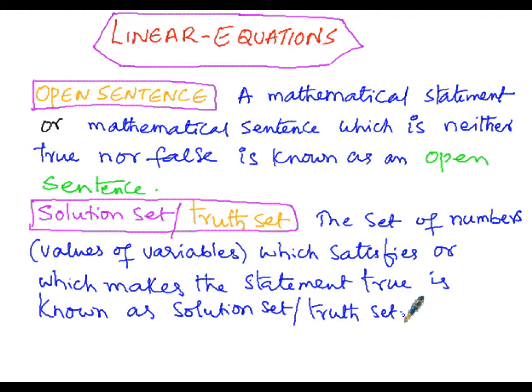So here an equation consists of variables such as x, y, then the values which satisfy the given equation or the given statement will be called the solution set, or in other words the truth set.